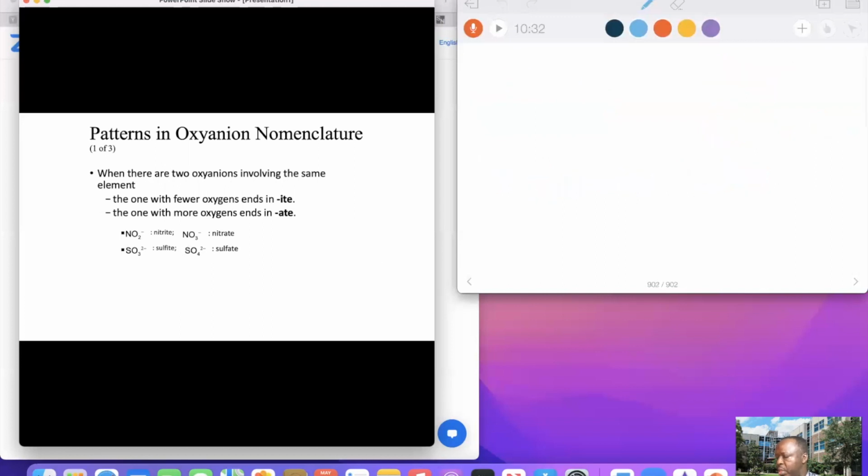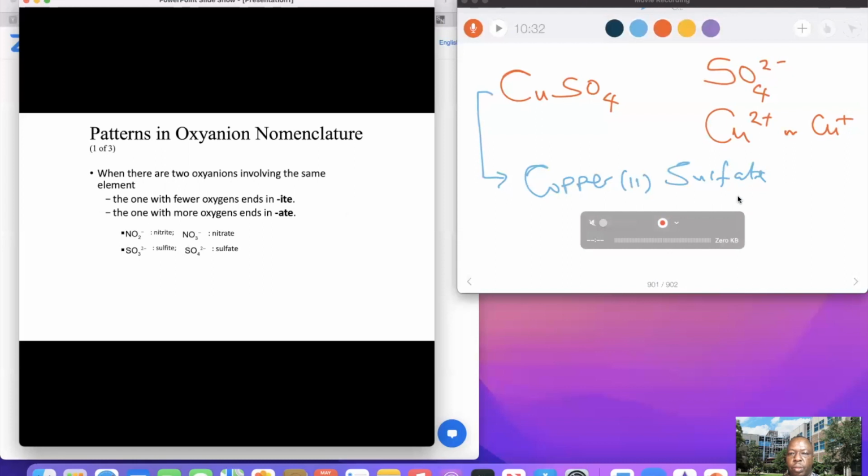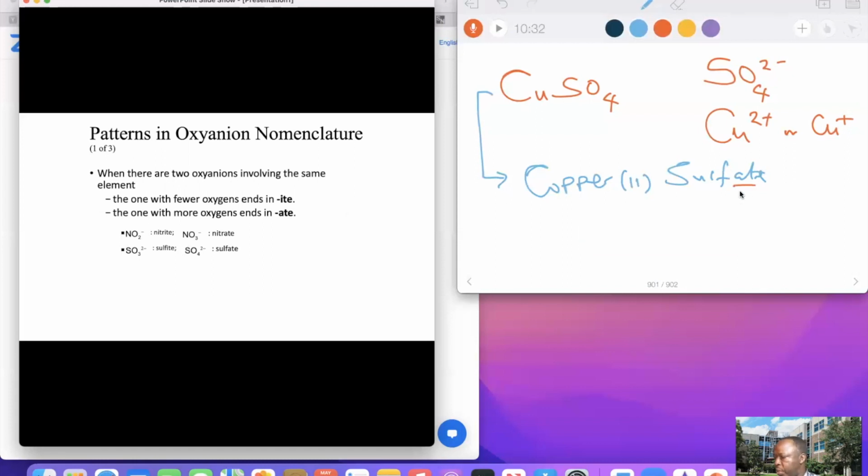Here is an example, sulfate. Sulfate ends with ATE, and there is the sulfide.